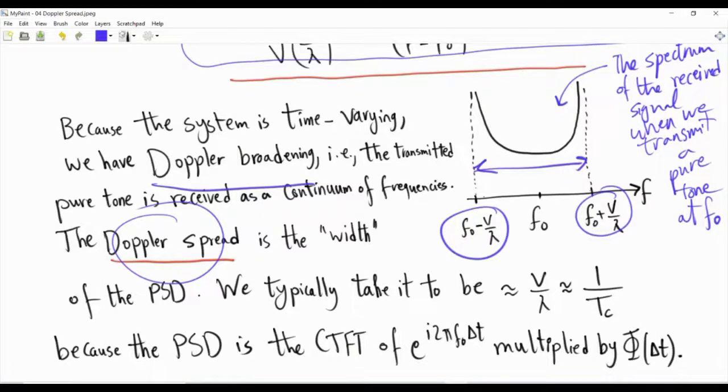If you go to the previous page, you will find that the width of the time correlation function is proportional to lambda over v. So basically, the Doppler spread is almost the reciprocal of the coherence time of the channel.